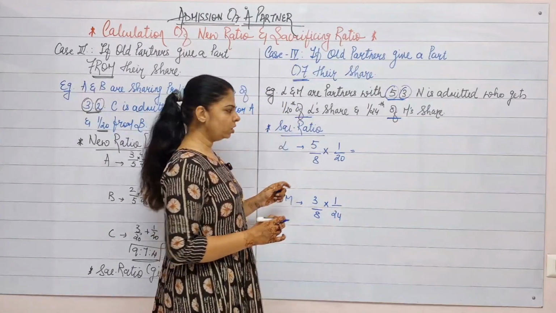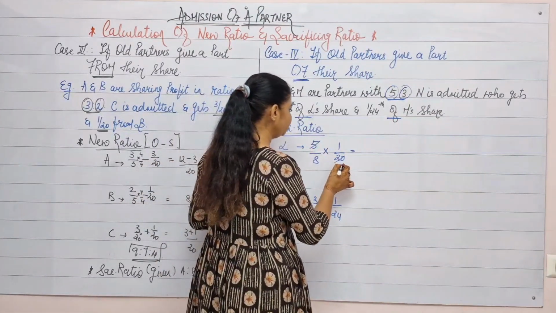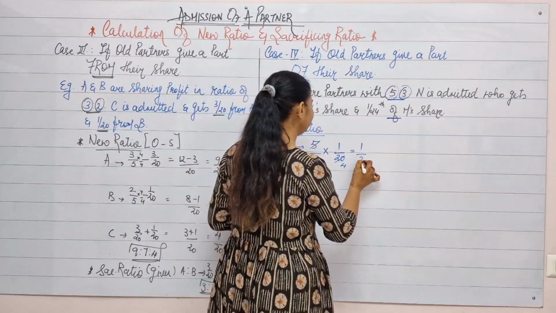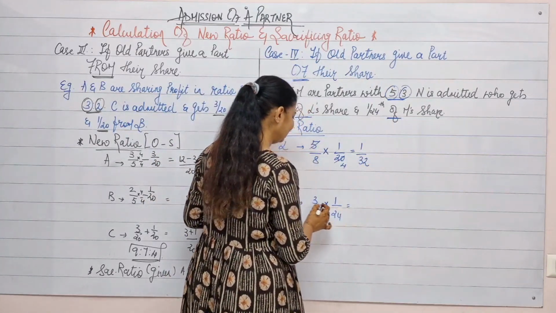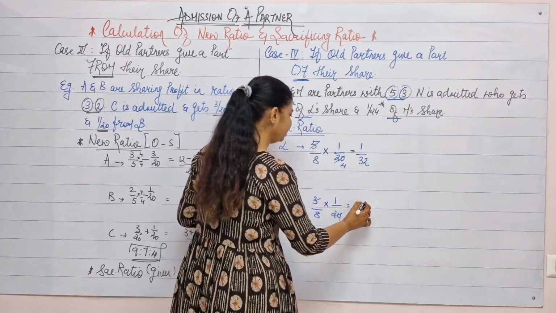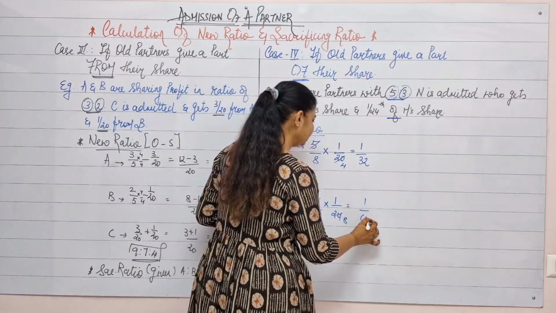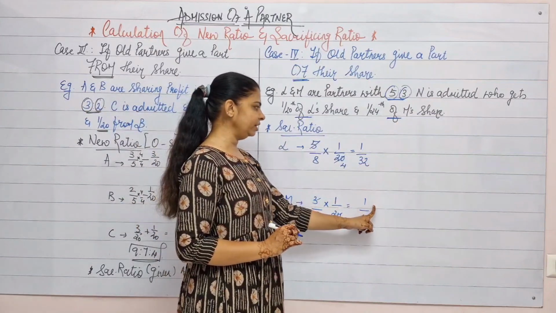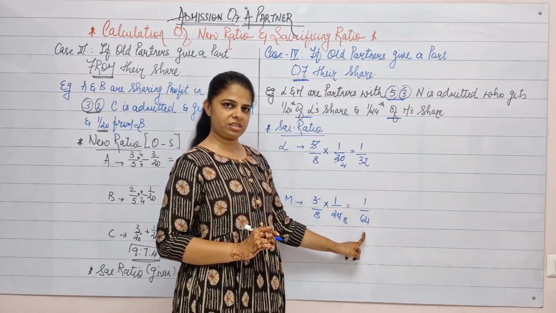अब अगर इसको सॉर्ट आउट करें, let's try to make the numbers a bit small. It will be 1/32 and here it will be 1/64. We cannot say that the ratio is 1:1 because denominators are not same.